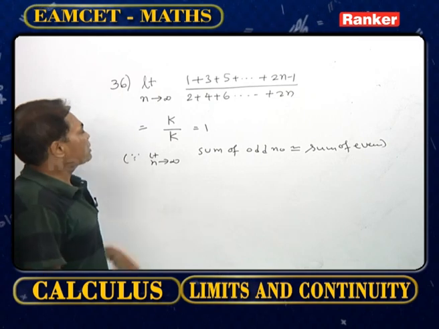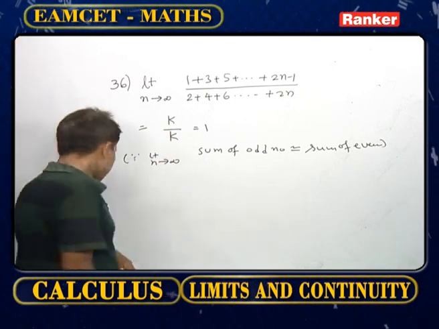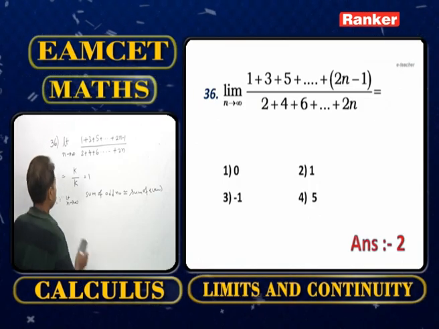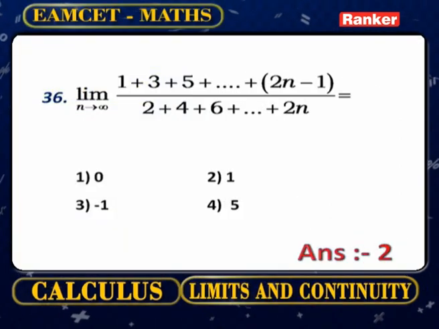You get k by k, which is 1, where k is a finite value, right. So, the answer is 1 and the second option is the right answer.